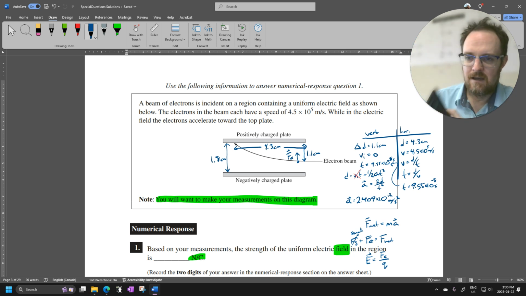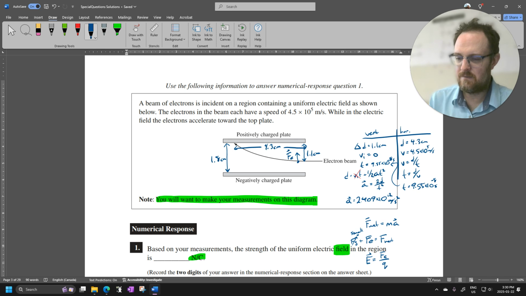All right, then I'm going to multiply by the mass, which is an electron. So I can find out that force is 2.1949 times 10 to the negative 18 newtons. And that's going to be my Fe, okay?